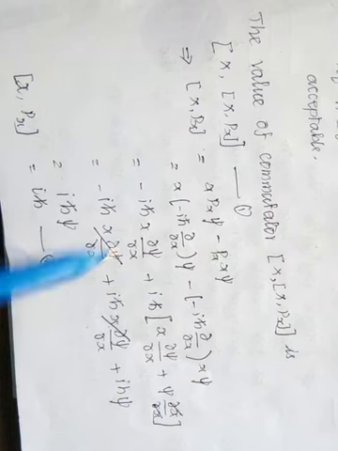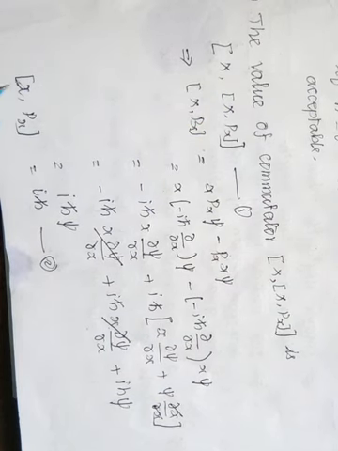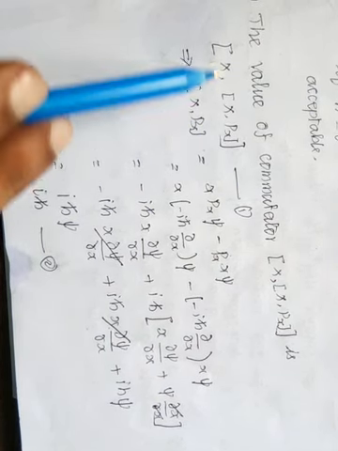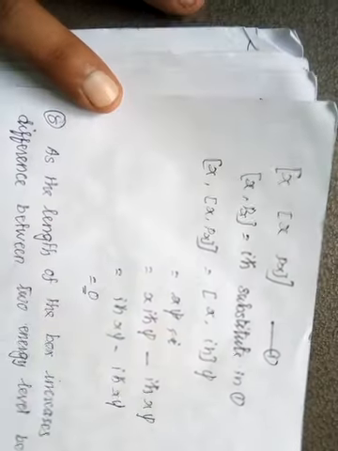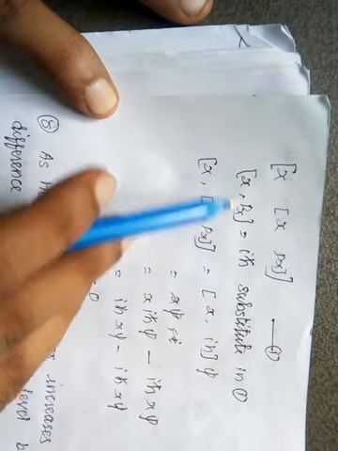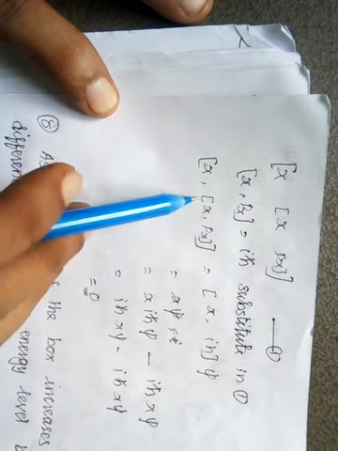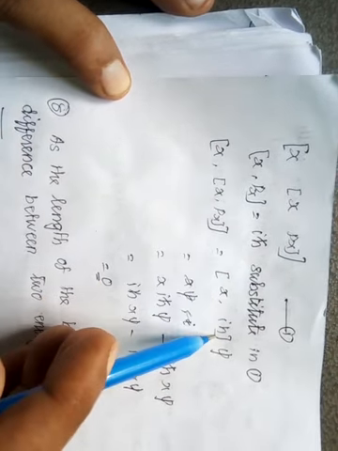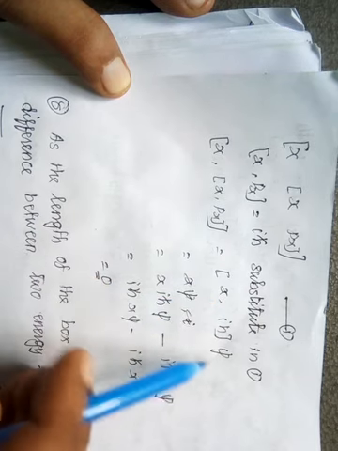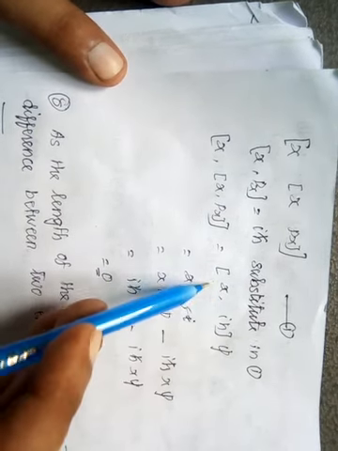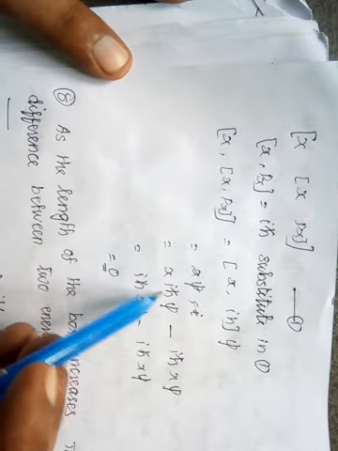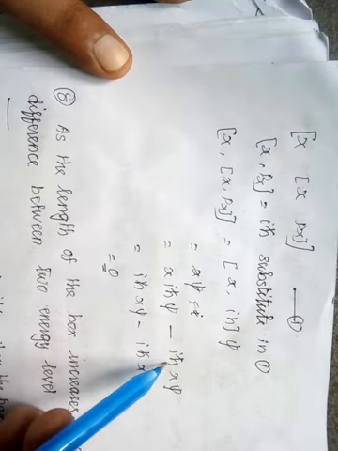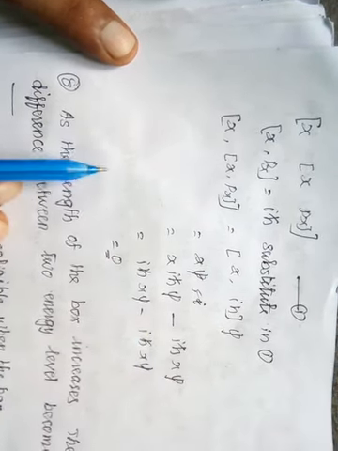We substitute this value of [x, px] here, so [x, [x, px]] becomes [x, ih cut]. In order to calculate the commutation, we introduce a psi function: x into ih cut psi, minus ih cut into x psi.